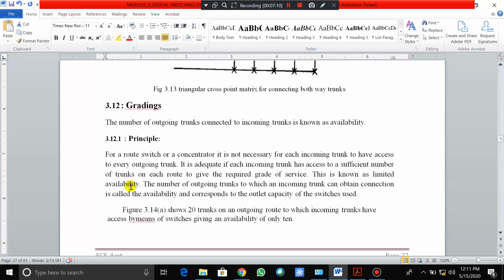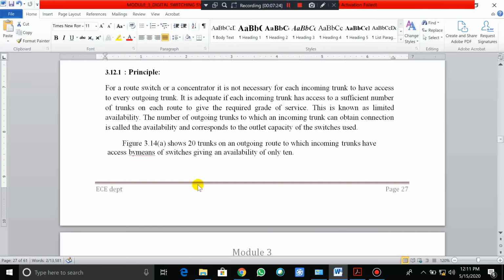The number of outgoing trunks to which an incoming trunk can obtain connection is called the availability, and corresponds to the outlet capacity of the switches used. Let us see the diagram below, which shows 20 trunks on an outgoing route to which the incoming trunks have access by means of switches, giving an availability of only 10.